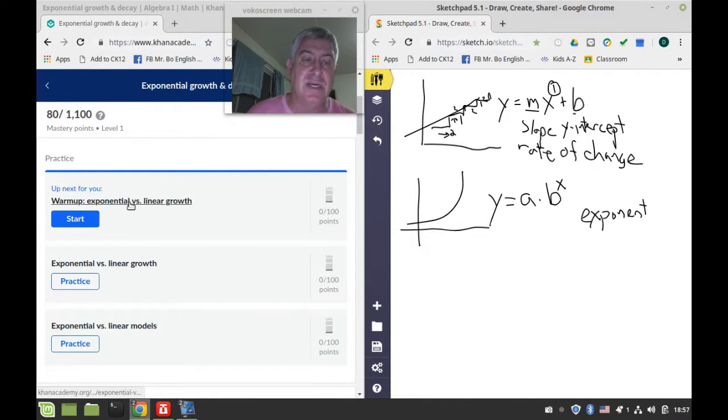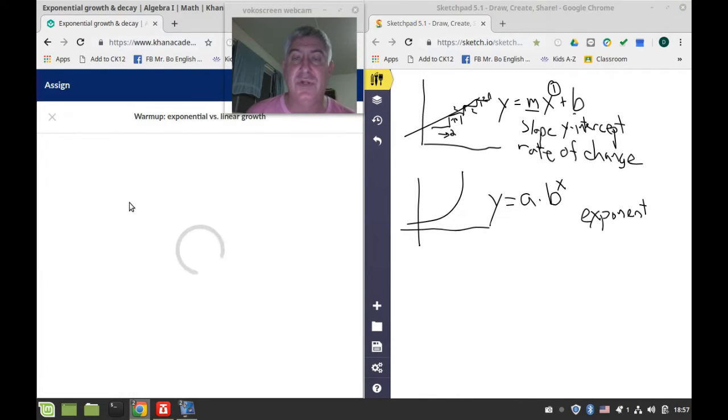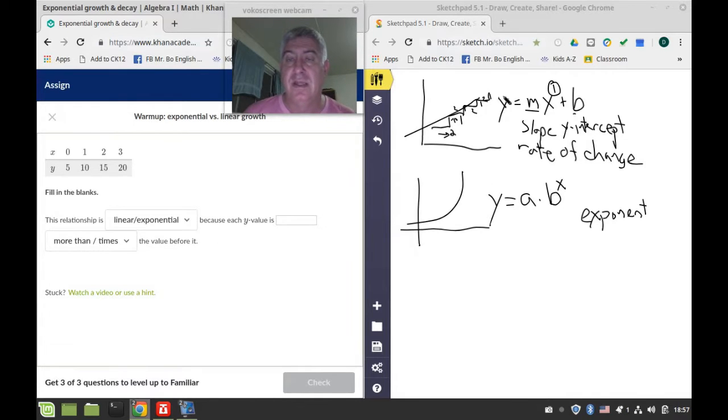So we're going to start talking about the differences between linear growth, where we have the same change every time, and exponential growth, where the first time we move forward 1 in x, we may move 1, and the next time we move 1 in the positive x direction, we'll move 2, and it doubles. The next time, we'll move 1 in the x direction and 4 in the positive y direction. And the next time, we'll move 8.